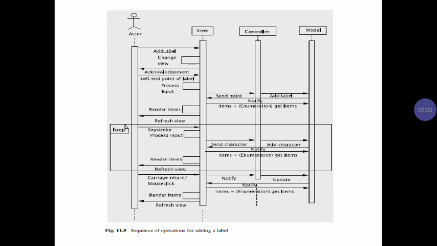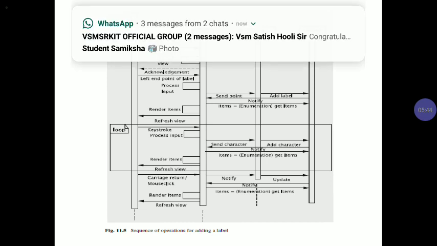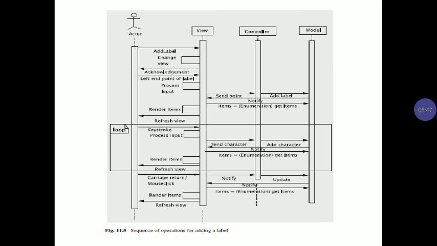Then the model component sends a response, or notifies the view component. After that, the view renders the items and refreshes the view, and this is sent to the actor or user. Once that is okay, the user enters the characters.